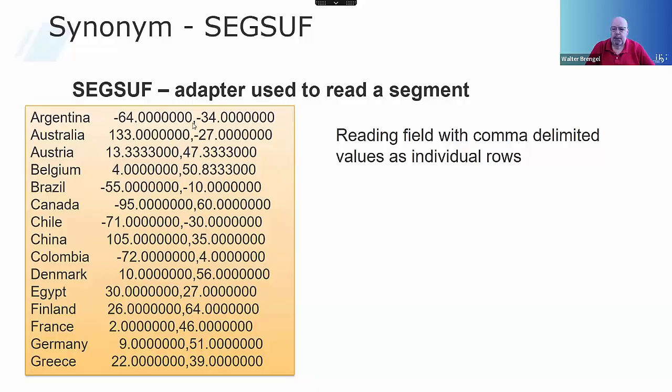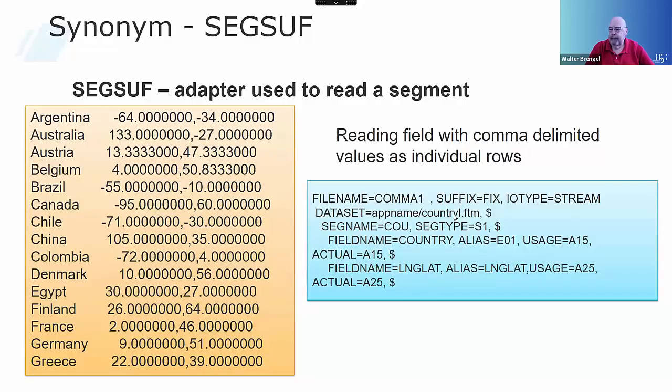The latitude and longitude by itself is comma delimited. We might look at this as country and coordinate 1, coordinate 2. So if I look at it this way, I have field name, comma 1, seg name COU, seg type equals S1, field name country, no problem.